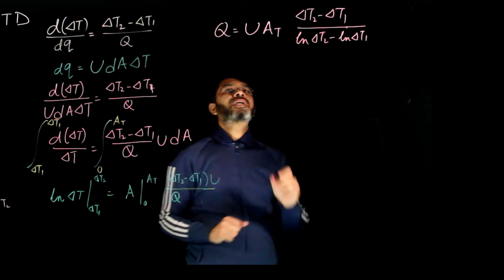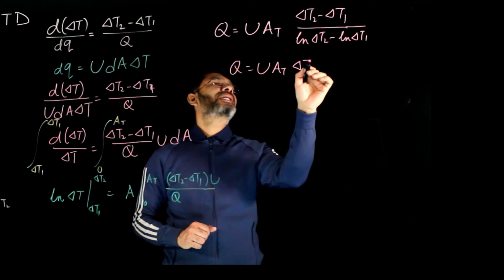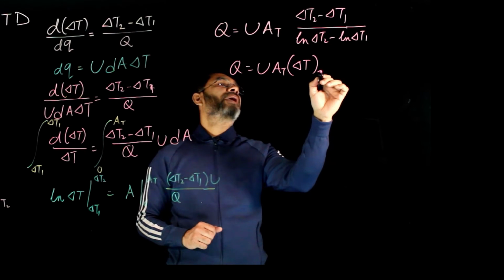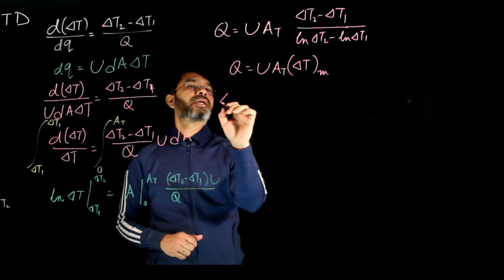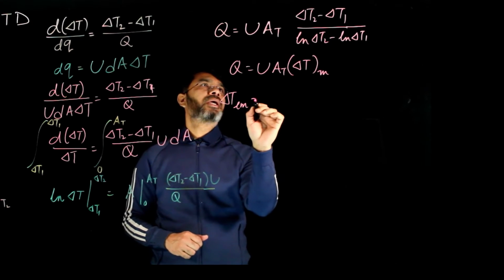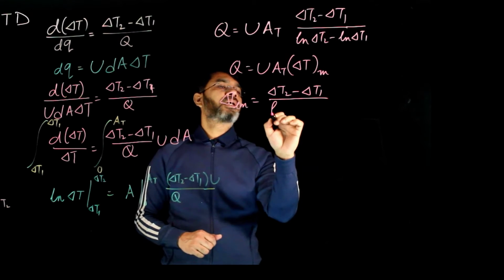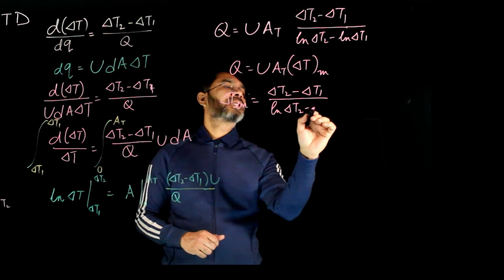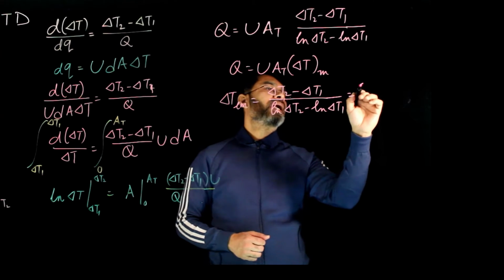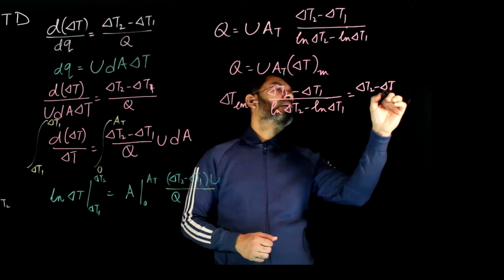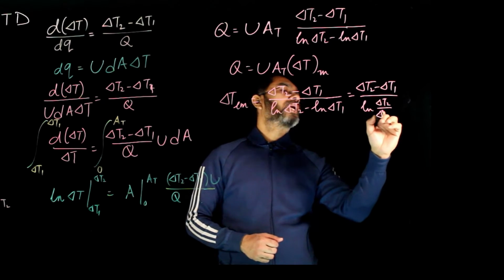Now if we compare this equation with our equation Q equals U times total area times delta T mean, this mean is our log mean, so delta T log mean equals delta T2 minus delta T1 over ln delta T2 minus ln delta T1, or you can also write it as delta T2 minus delta T1 over ln of delta T2 over delta T1.